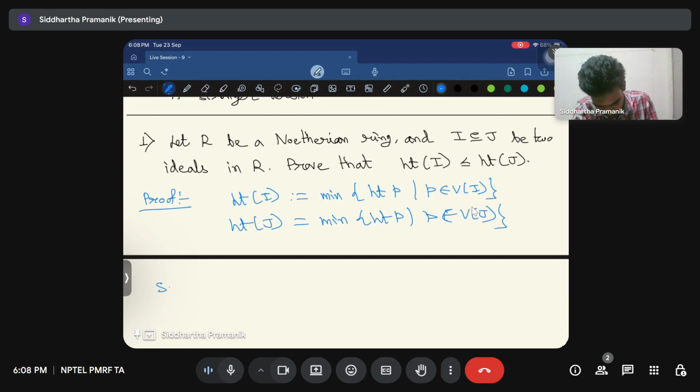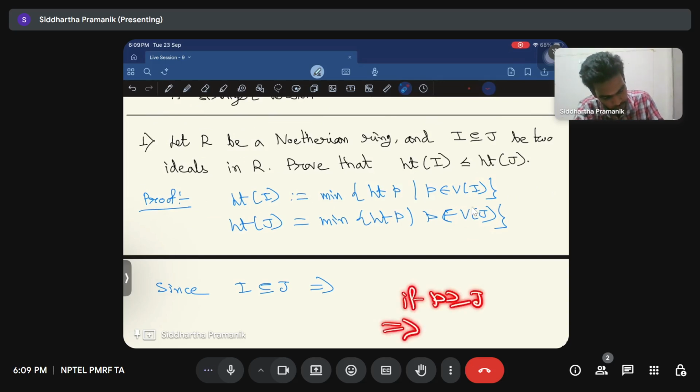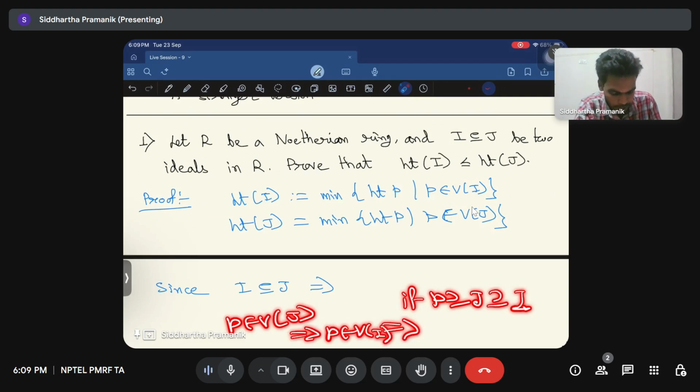Since I is a subset of J, what can be said about V(I) and V(J)? What is the relation between them? If P contains J, then definitely P contains I, right? So if P belongs to V(J), that will imply P belongs to V(I). So V(J) is a subset of V(I).